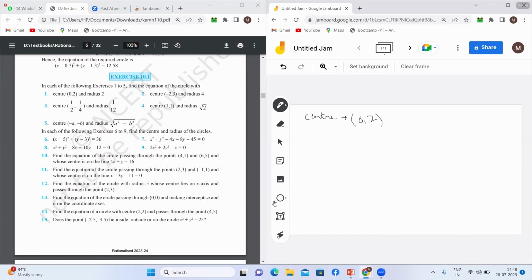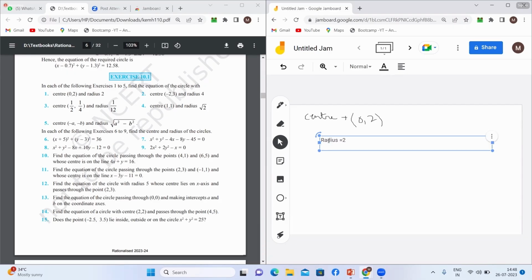Let me take the text box. Center 0, 2 and radius given to us 2. Radius is equal to 2. Now we have to calculate the equation of the circle.